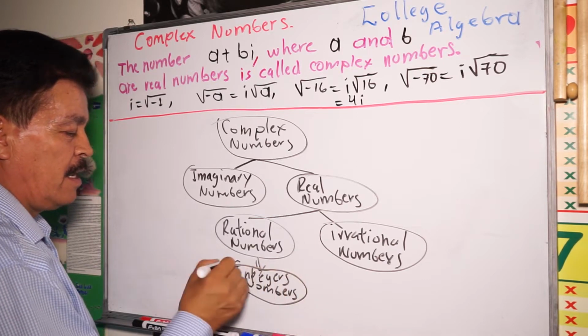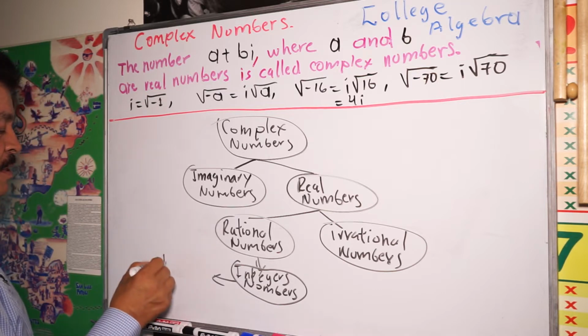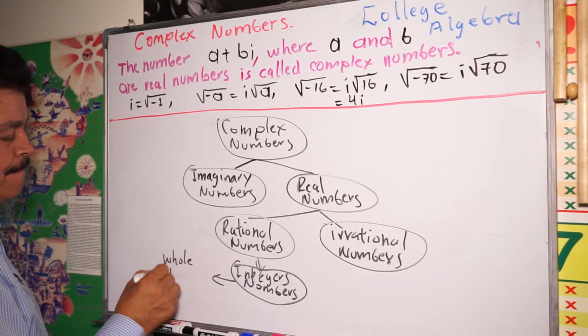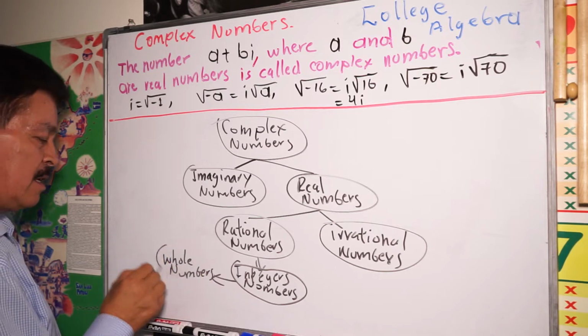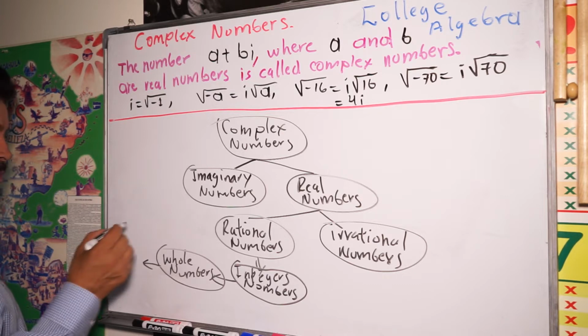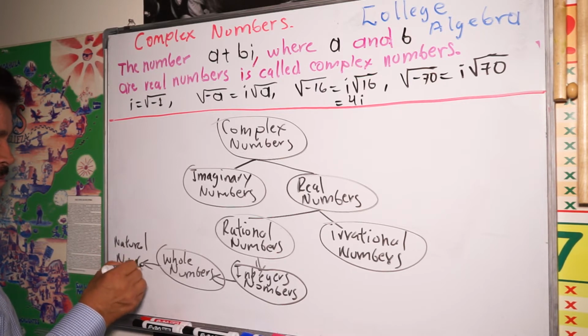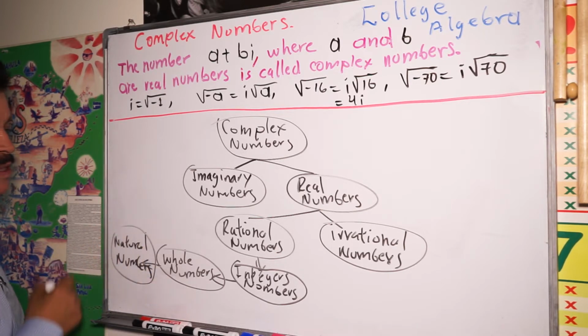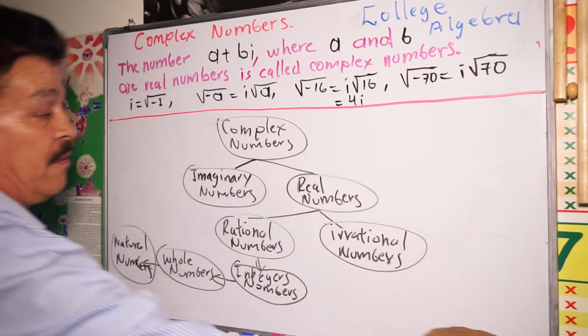Correct. And then integer numbers include the whole numbers. The whole numbers are the natural numbers divided by natural numbers. So this is the tree of our topic for today.